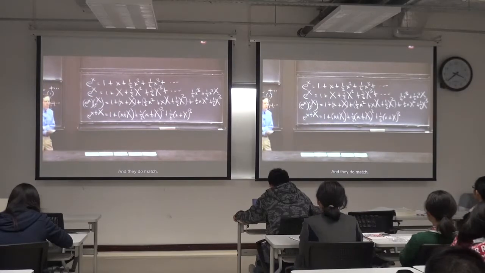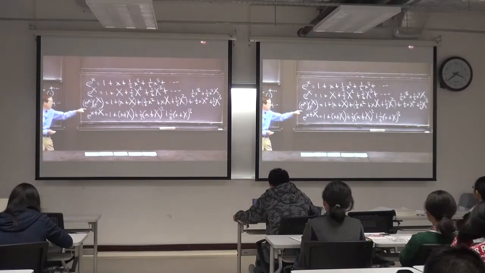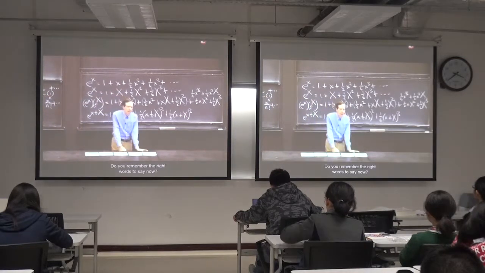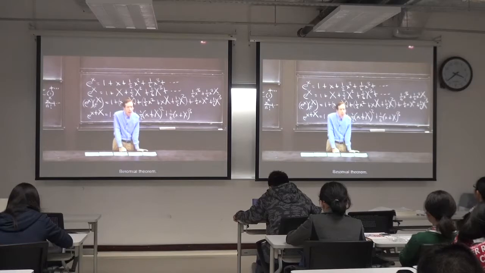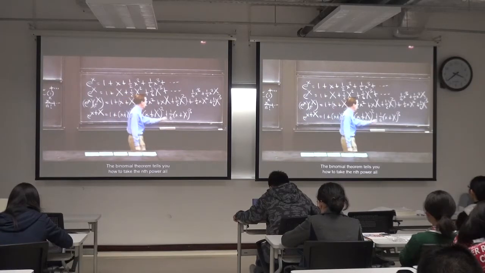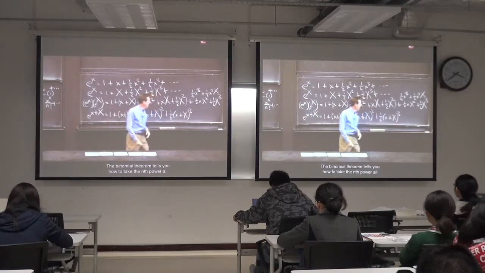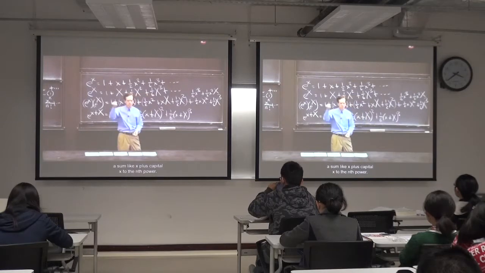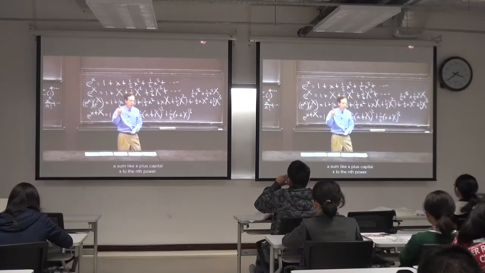And they do match. If we cube the thing, do you remember the right words to say now? Binomial theorem. The binomial theorem tells you how to take the nth power of a sum, like x plus capital X, to the nth power.